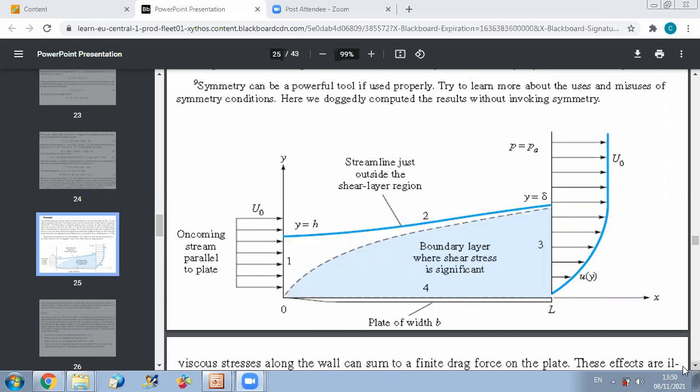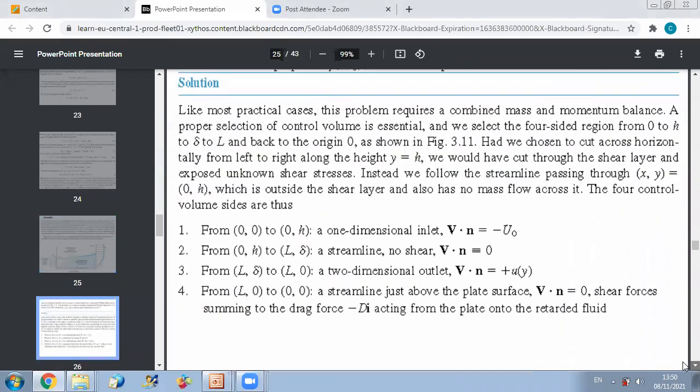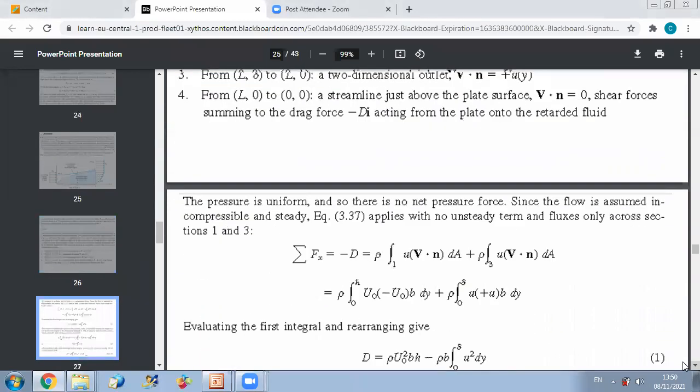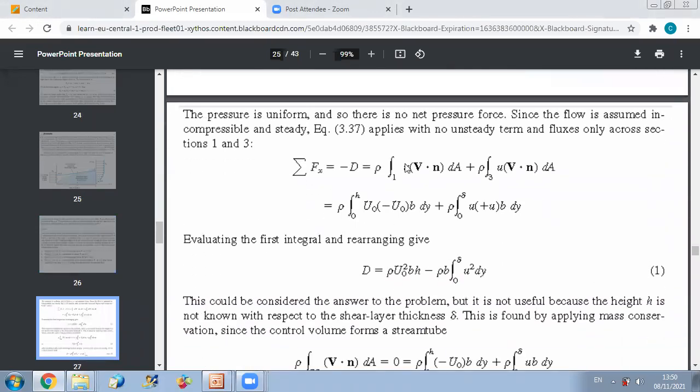Now, second step, okay? We will start to write our equations. We'll start with the linear momentum equation because we are interested in getting the value of the drag force, okay? So as we said, we apply linear momentum along x.